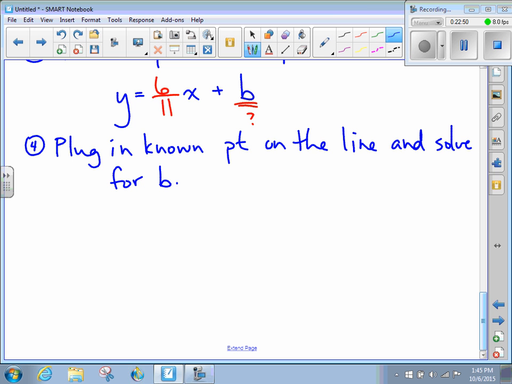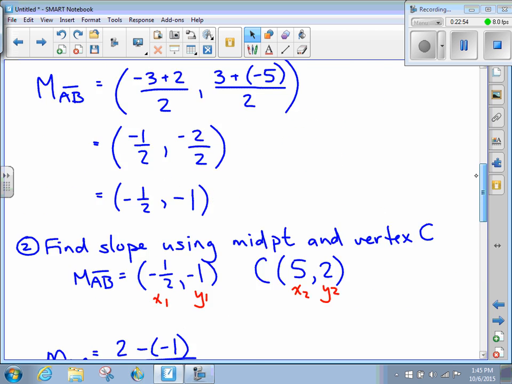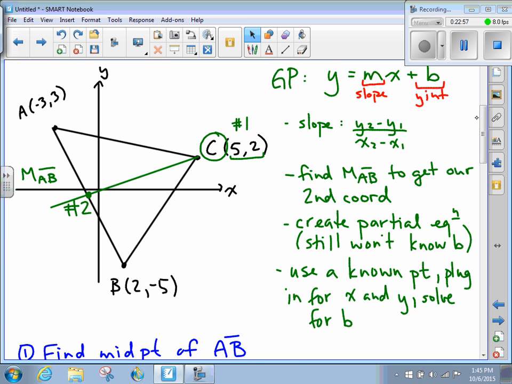So if I go back all the way up and I think about my line, okay, this is my line here. And what's a really nice known point? I've got either negative 1/2, negative 1, because that happens right there, or I've got 5, 2, which happens right there.